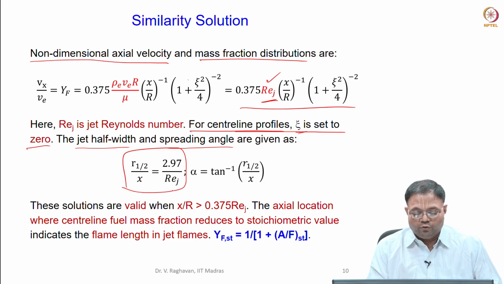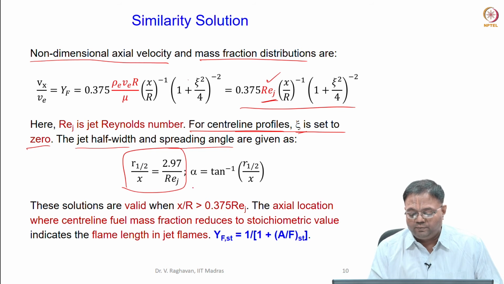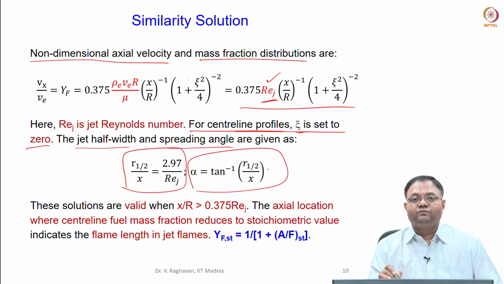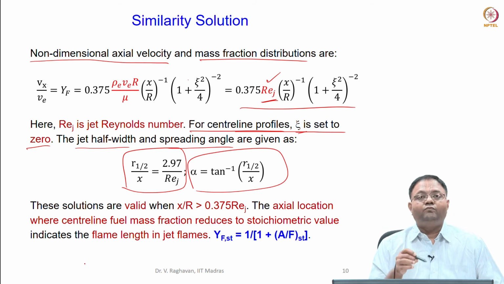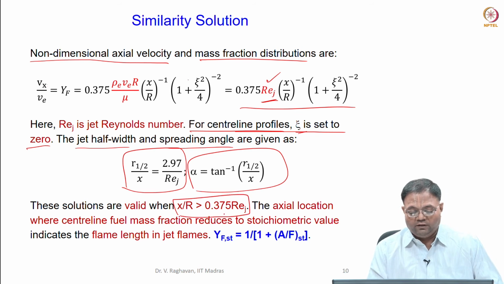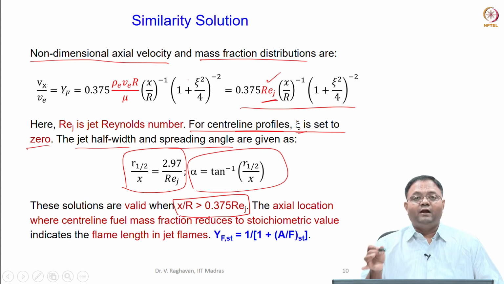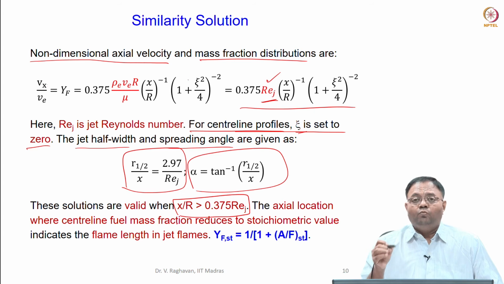So, when Reynolds number increases, then the r half will decrease. Similarly, the jet spreading angle alpha is tan inverse of this r half by x. So, you can use this. Now, as I told you, only the far field solution is valid. That means x by r should be greater than 0.375 into Rej for this solution to be valid. Now, what is flame height?